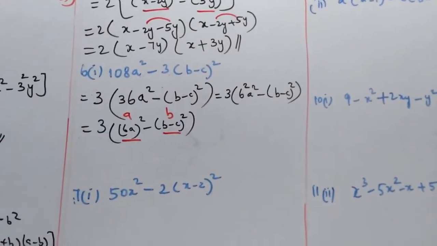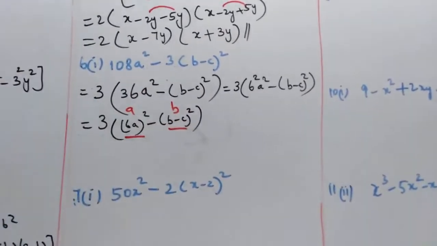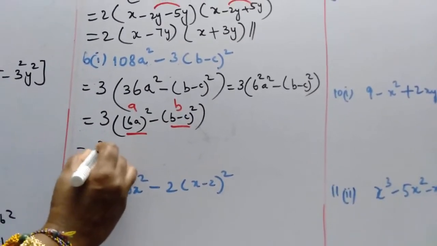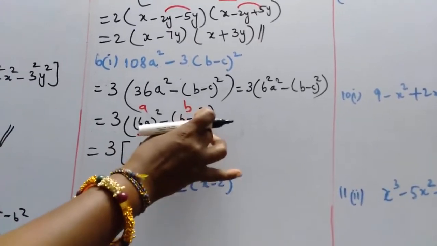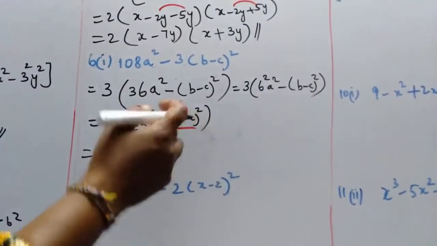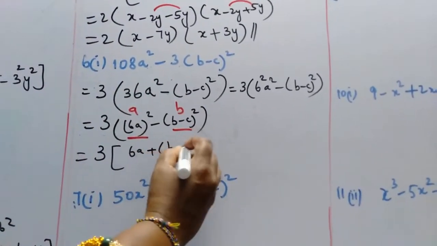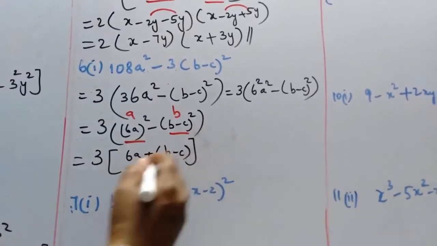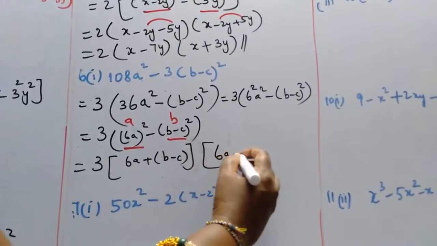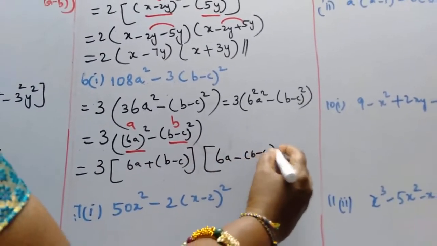So this is in the form a² minus b², and this can be written as (a plus b) into (a minus b).